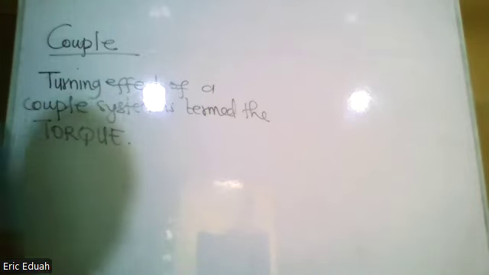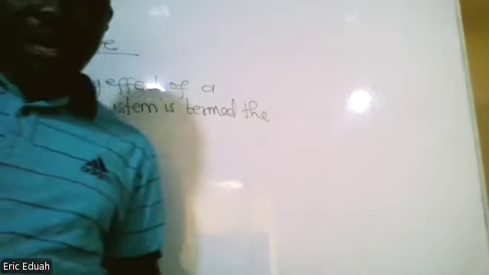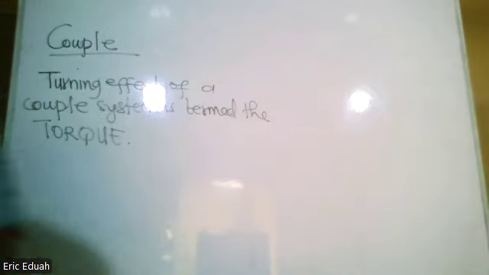So the torque, in our Ghana situation, is said to be the turning effect of a couple system. In the outside books, they use the torque to describe the turning effect of a force.